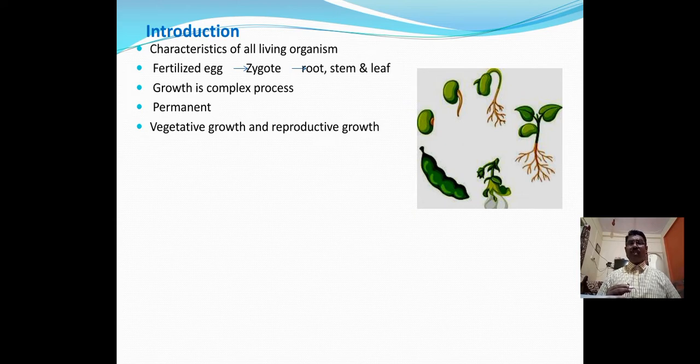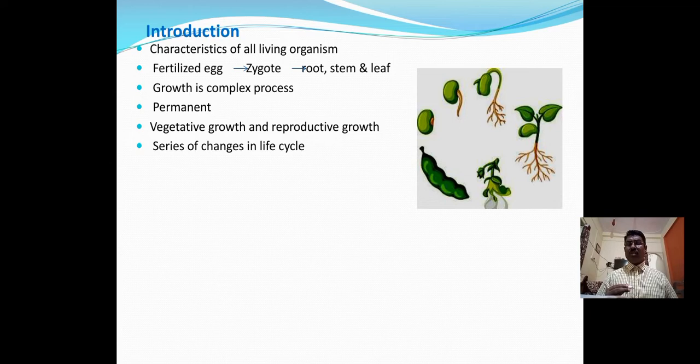Once vegetative growth is complete, then and only then the reproductive growth gets started. So there are series of changes in the life cycle that take place during the growth.